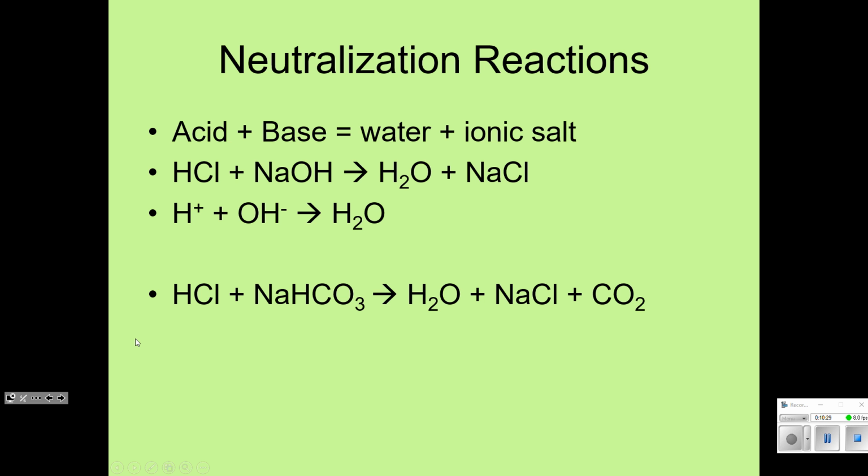Net ionic equations don't have to only be done for things that create solid precipitates. It can be done for something that creates a pure liquid, like water, or something that creates a pure gas. Typically, these are written for either single or double displacement reactions.